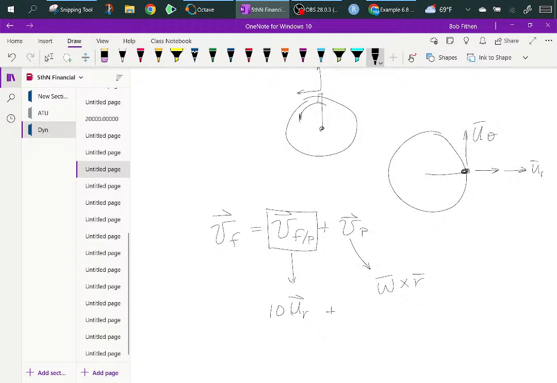So here, let's say omega is 10 and R is equal to 10. So what this person here would see is 10 times 10 U theta plus the 10 here.